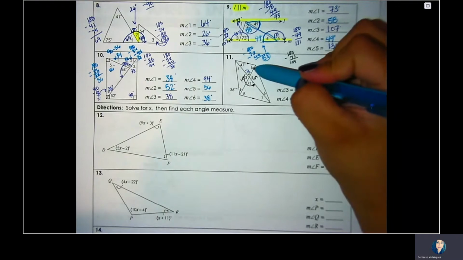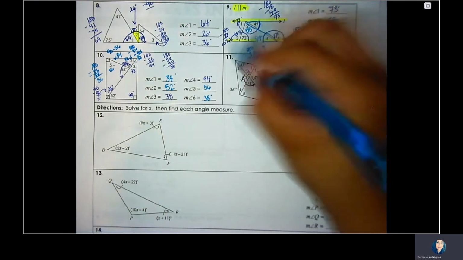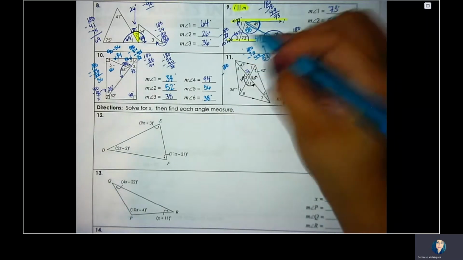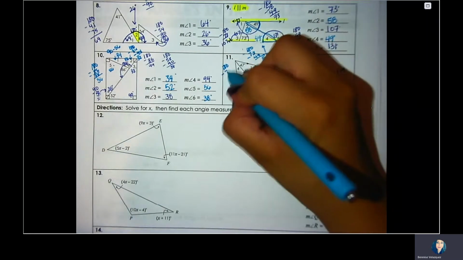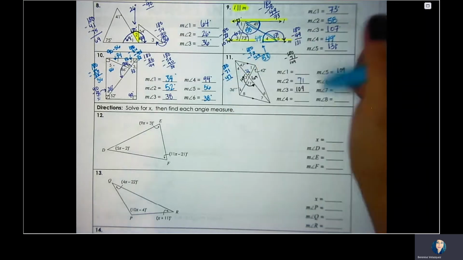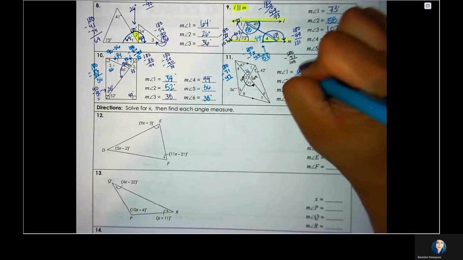Okay, now that I have that, I'm going to keep going. I can find angle 1. Angle 1 can be found because I have a 47 and a 71, and since this is a triangle, angle 1 can be found by doing 180 minus 71 minus 47. Subtract those out. Angle 1 equals 62.